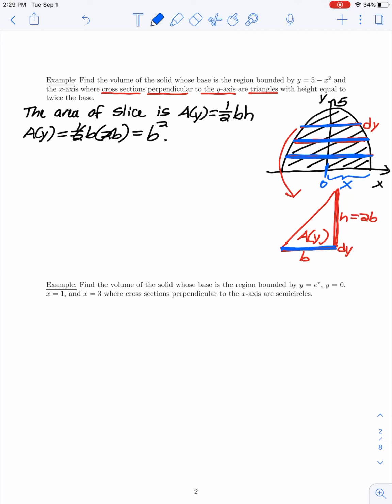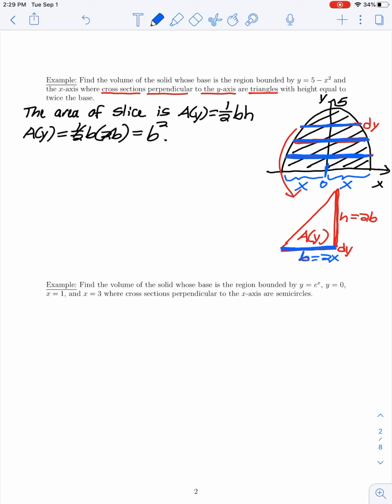So of course, if I can move outward from the y-axis, left or right, by x units, then my base here, B, would be given by 2 times x. I can move x units from the y-axis outward to the right, or x units to the left to get to my curve.